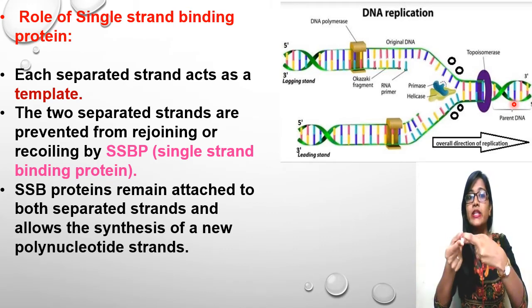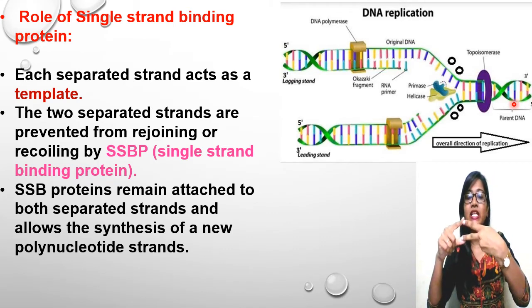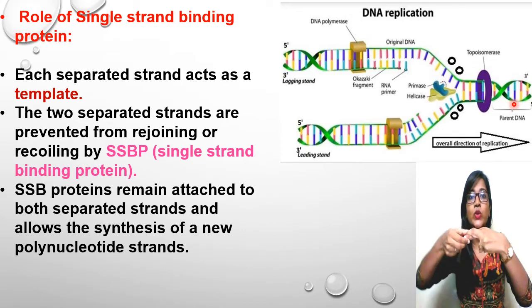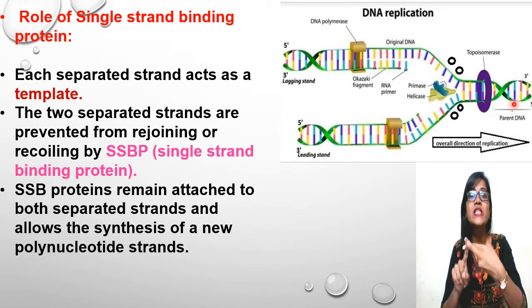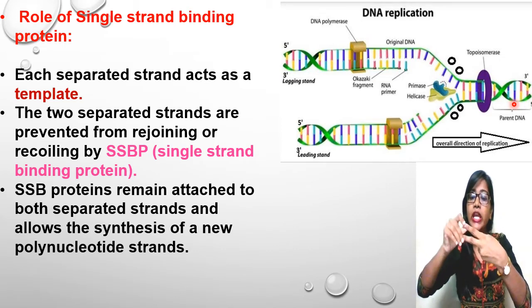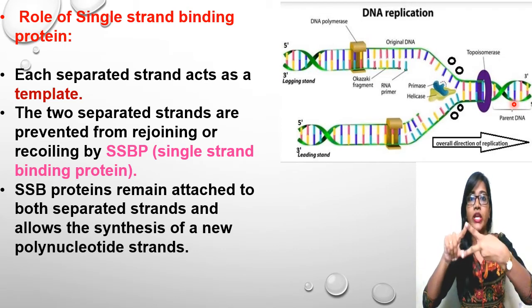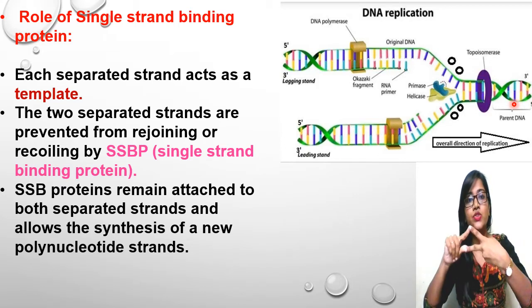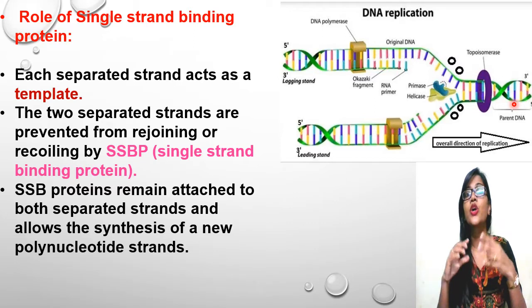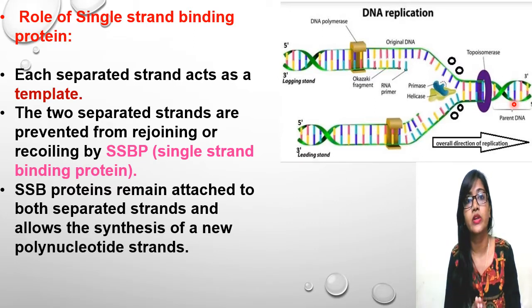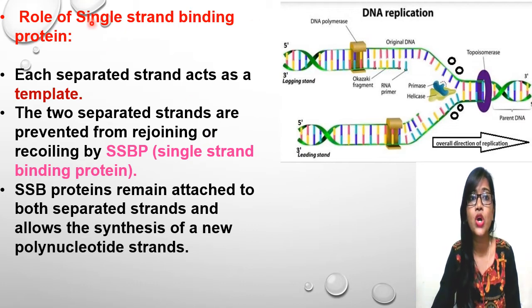To avoid this, when this is untwisted DNA and this is the twisted DNA, we don't want the twisted DNA. So to keep the structure of DNA untwisted, another group of enzymes works. That group of enzymes is called single strand binding protein.